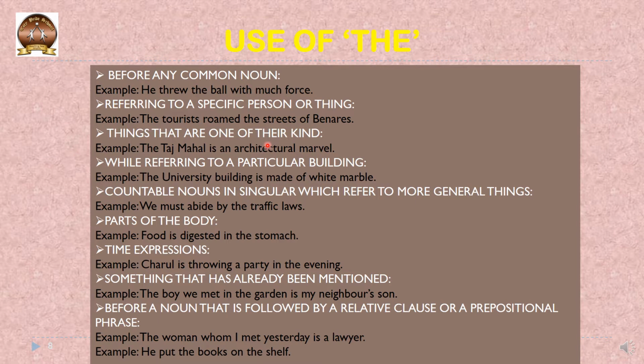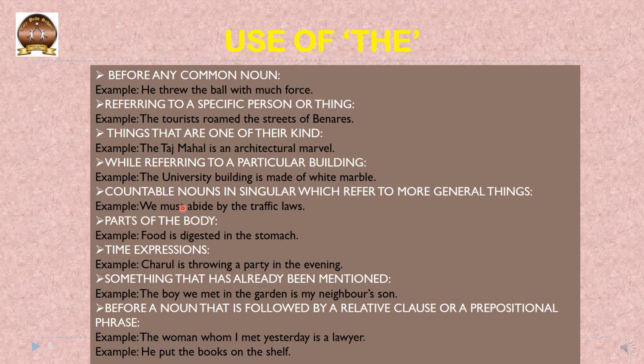Things that are one of their kind, like the Taj Mahal. We have no other monument which is parallel to the Taj Mahal. Then, while referring to a particular building, the university building.